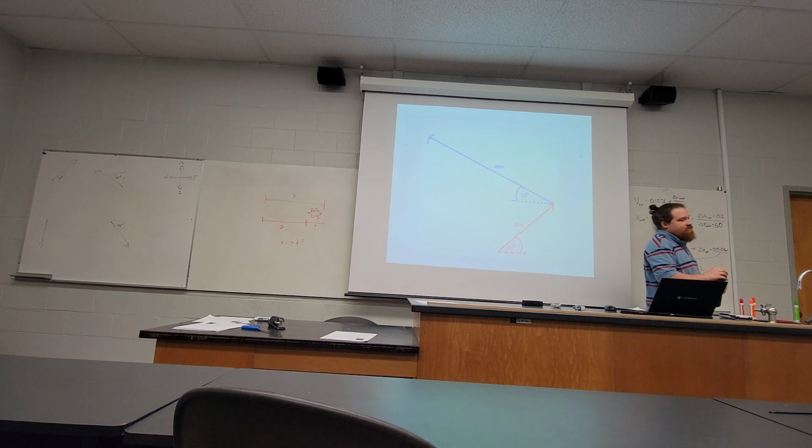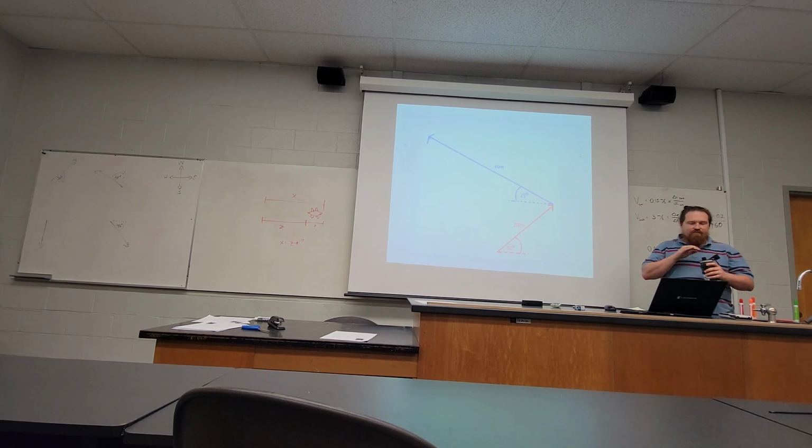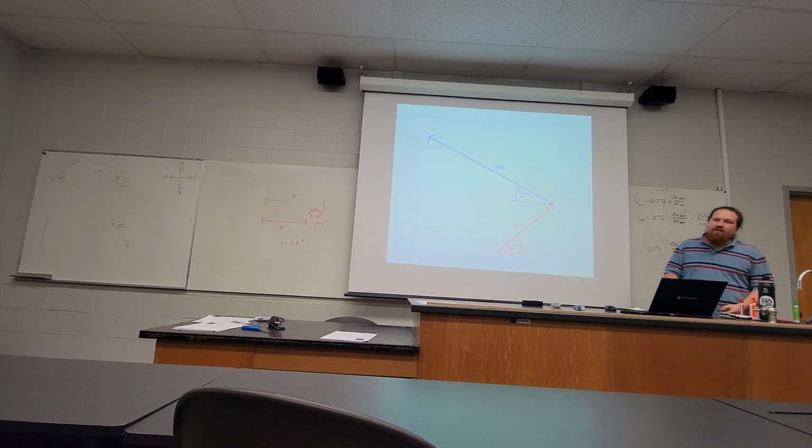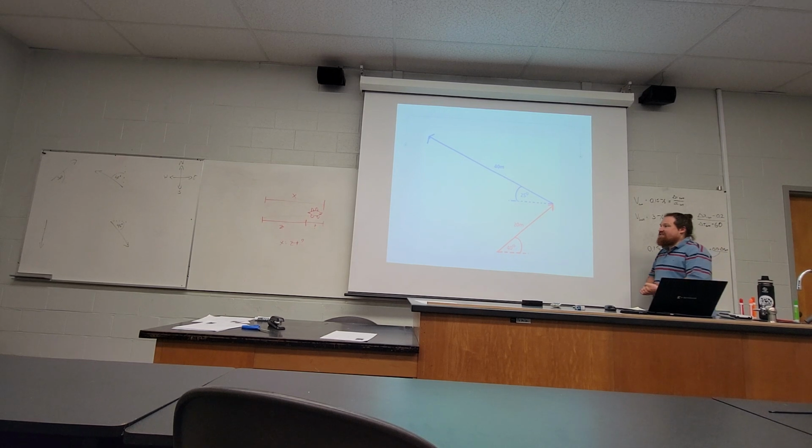To do that, we can add the two vectors together, vector addition. But are we legally allowed to just add 40 to 20 and call it a day? No. They don't point in the same direction. They're both in weird mixed axes.